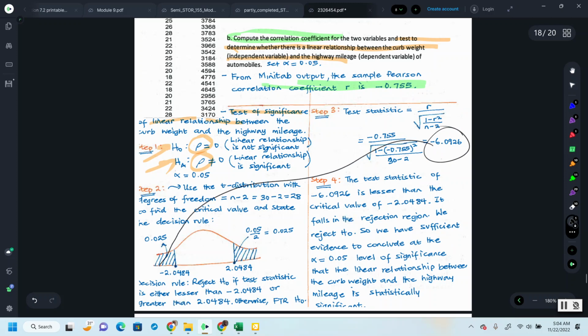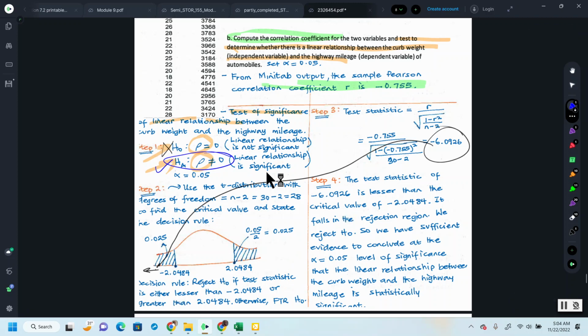You agree with me that it falls far in the rejection region. The test statistic of negative 6.0926 is less than negative 2.0484, which means it falls in the rejection region. So we reject the null hypothesis. Rejecting the null hypothesis means we have sufficient evidence in favor of the alternative hypothesis, which says that the linear relationship is statistically significant.